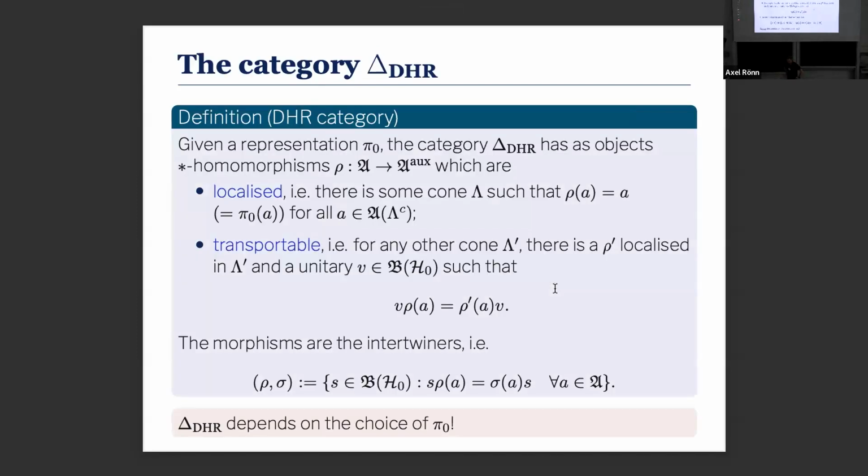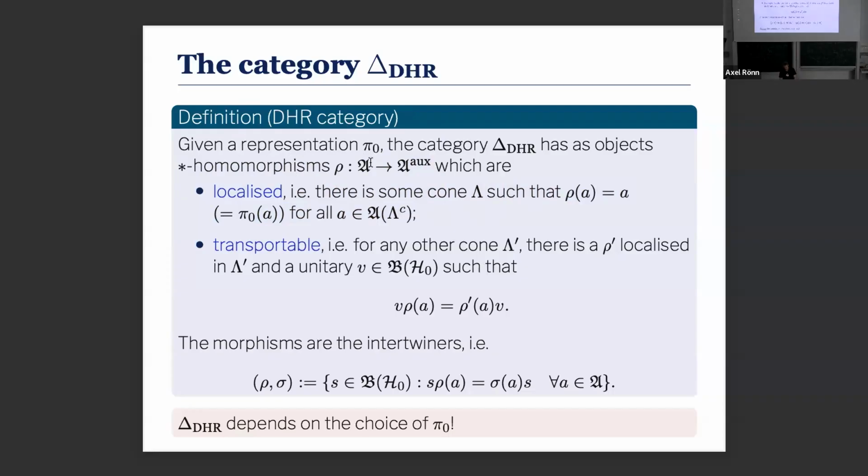So let me now give a new definition of my DHR category. That's the problem that I had before. So what are going to be the objects now? The objects are going to be star homomorphisms from A into this auxiliary algebra. Really we want to see A as embedded in this thing, which are localized. So there's some cone lambda such that outside of it it acts trivially, and transportable, so they can move the localization.